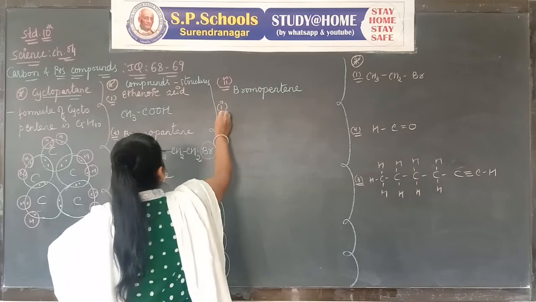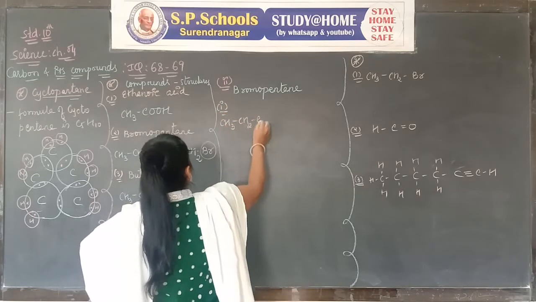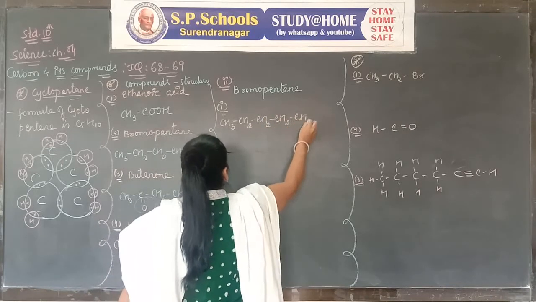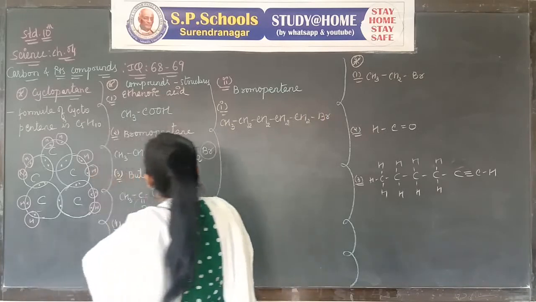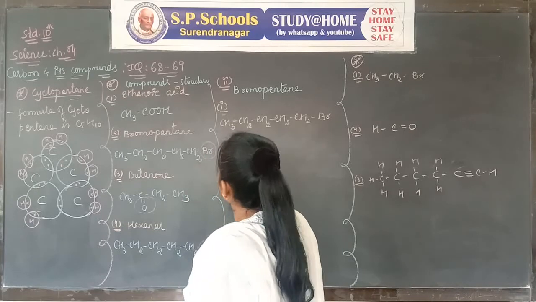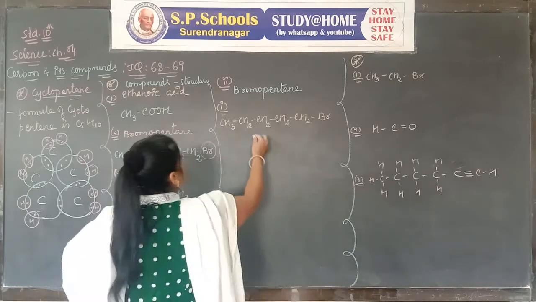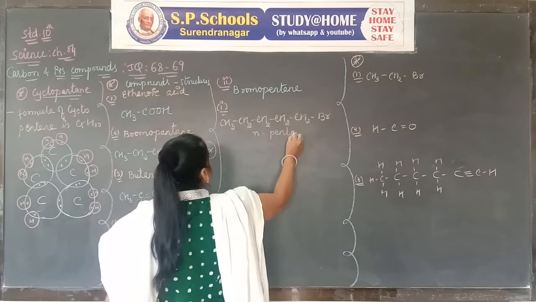First is CH3, CH2, CH2, CH2, CH2, Br, bromopentane. Like here, same CH3, CH2, CH2, CH2, Br. It means normal pentane.